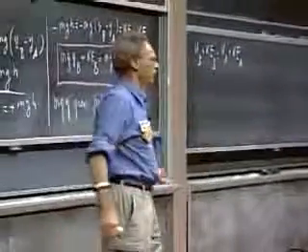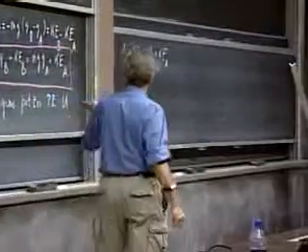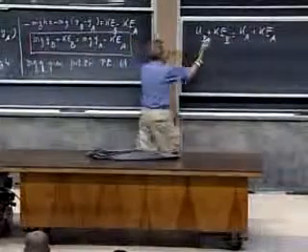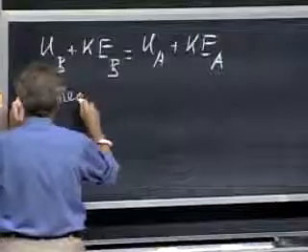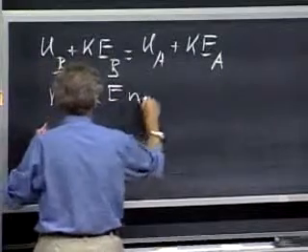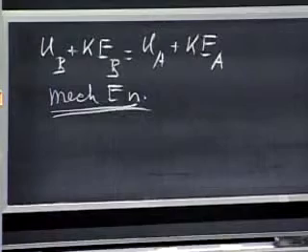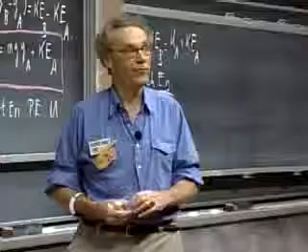Kinetic energy can be converted back to potential energy and potential energy can be converted back. But the sum of them, which we call mechanical energy, is conserved. And mechanical energy is only conserved if the force is a conservative force.